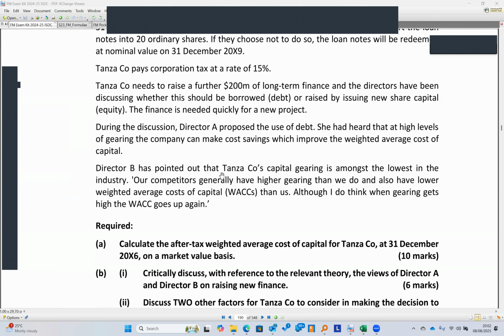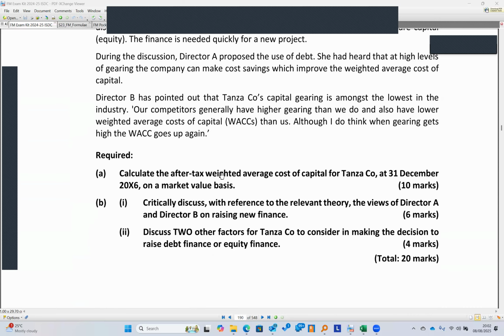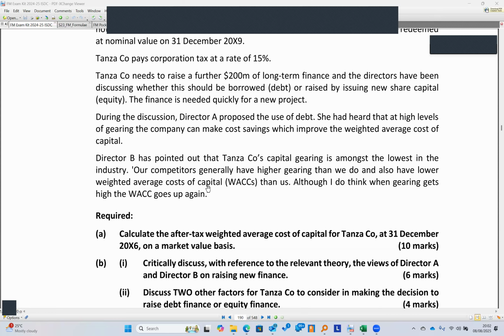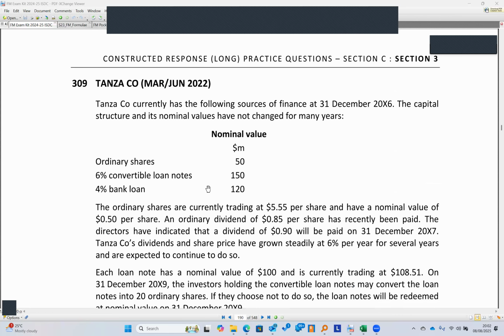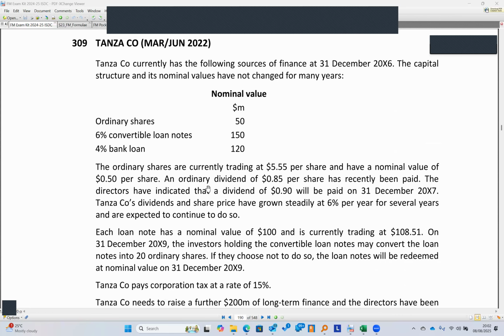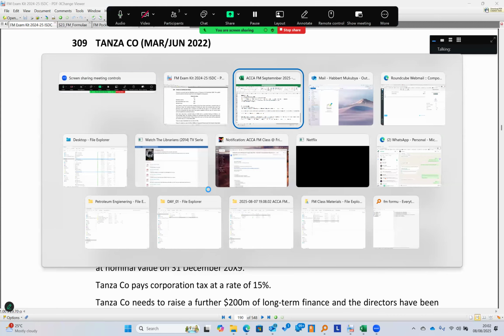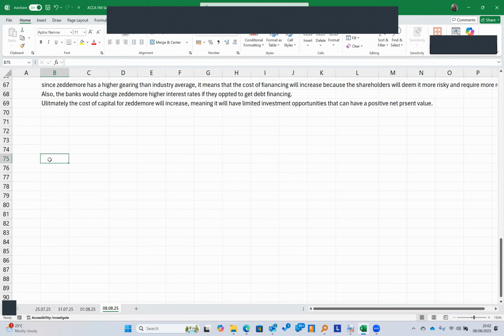And so let us first start by calculating the WACC. So like we said yesterday, when you are trying to get WACC, you look at what are your sources of financing. So this is Tanza.